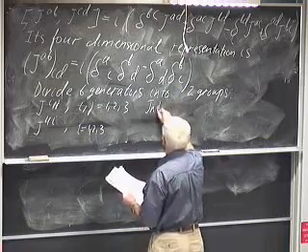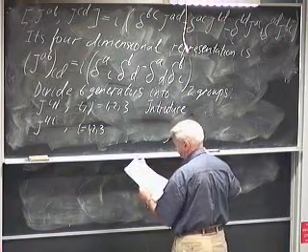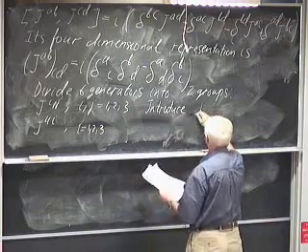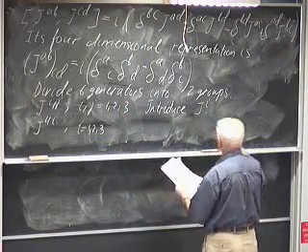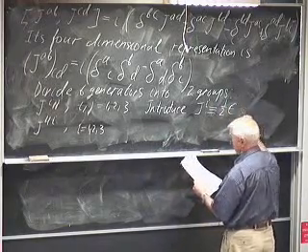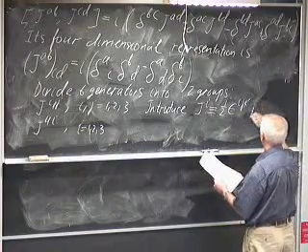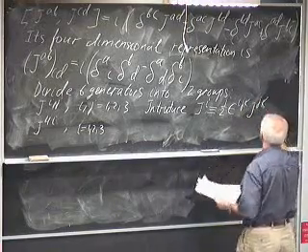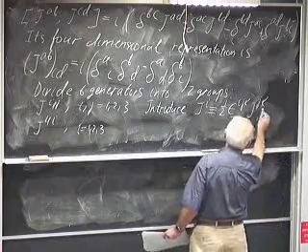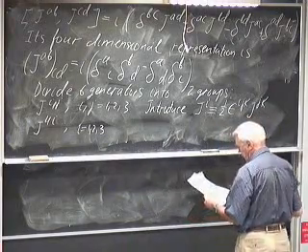Now introduce a new combination for the generators. Introduce J_i, which is 1/2 epsilon_ijk J_jk. It's important that we have summation over j and k, because they are repeated.